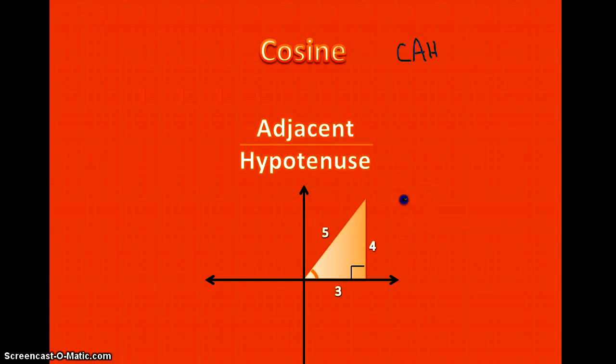So we have cosine equals our adjacent side, 3, over our hypotenuse, which is 5. So we have cosine equals 3 over 5, or 3/5. Hope that one makes sense also.